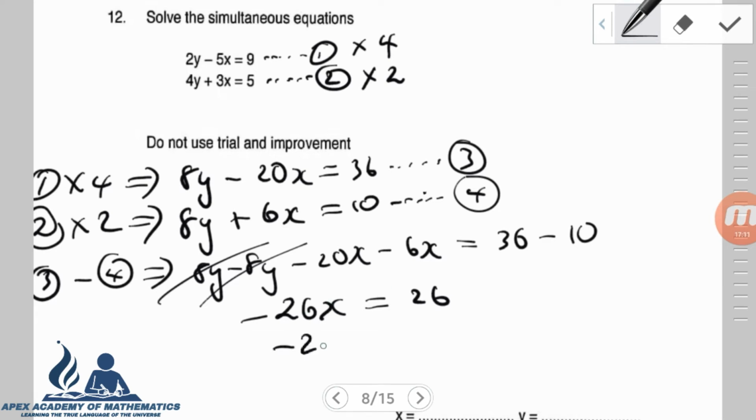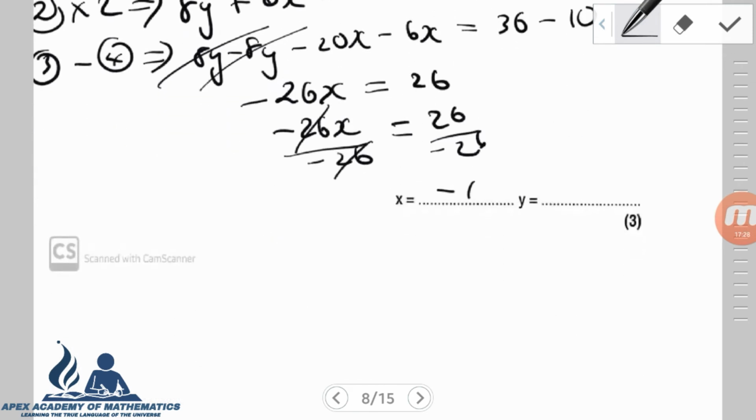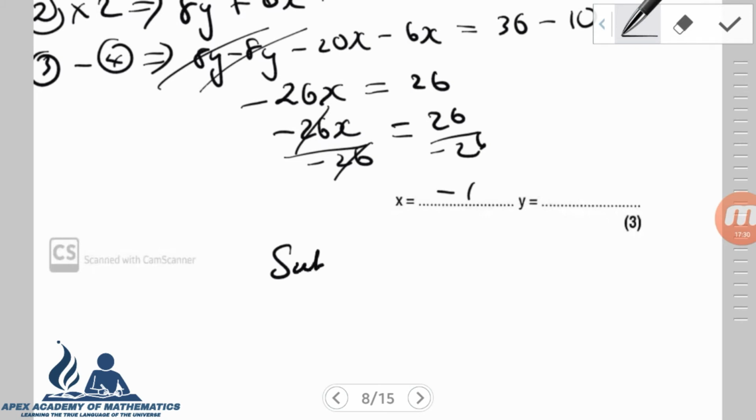So if I divide both sides by minus 26, I'm going to have x equal to minus 1. Okay, minus 1.